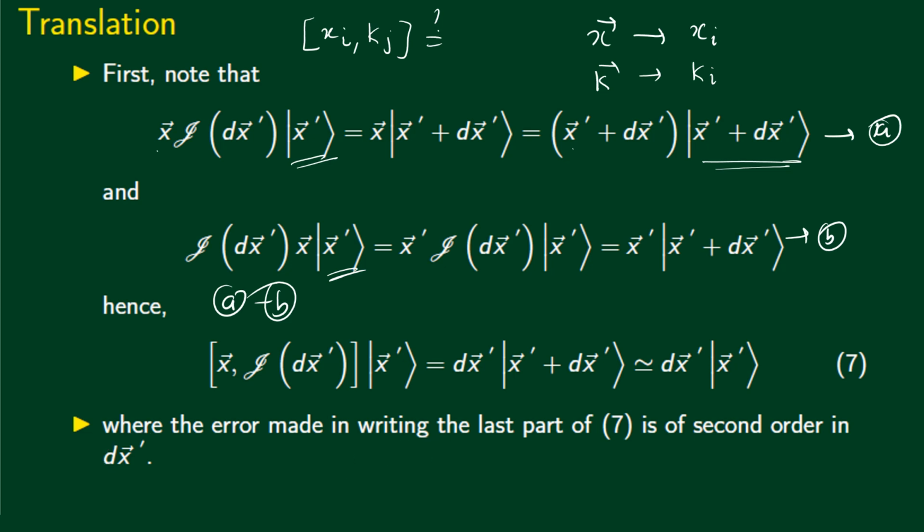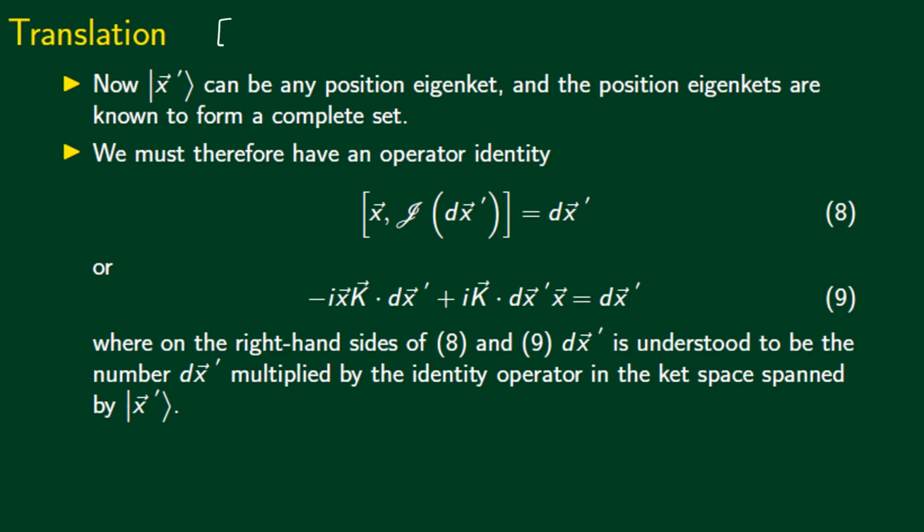Now this is what we have. The commutator of x vector with J of dx vector prime acting on the ket |x'⟩ is equal to dx vector prime multiplied by the ket |x'⟩. Now this is a position eigenket. We did not assume anything special about this particular ket, so this is true for any position eigenket.